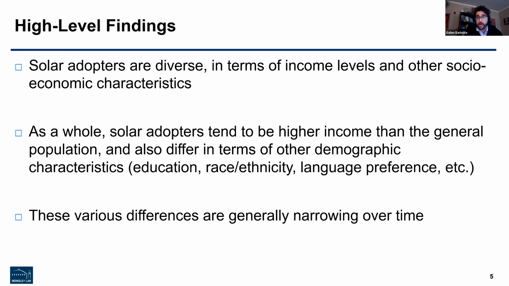Compared to the general population, though, solar adopters do, as we'll see, tend to be higher income and also differ in terms of the many other demographic characteristics that we explore. But really across the board, those differences are converging over time, somewhat slowly, I would say, but there is a sustained convergence, as you'll see.